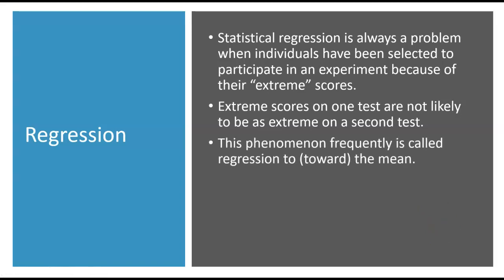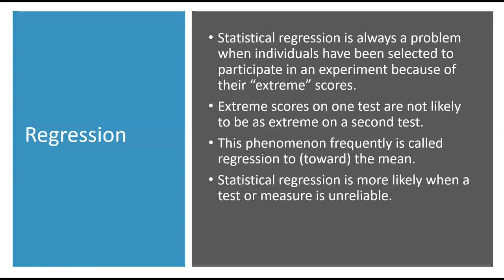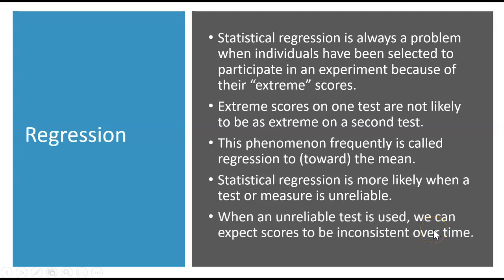We often call this regression to the mean. This is more likely to happen if the behavior is highly variable or your measure is unreliable. My example of athletic performance is dependent on a whole lot of factors, so it's inherently unreliable.